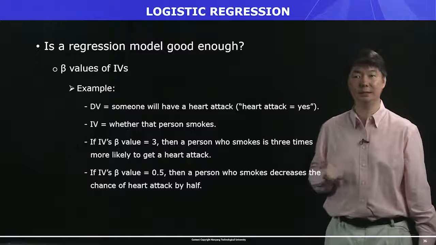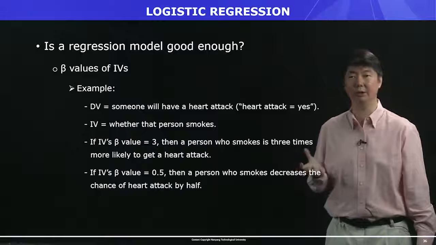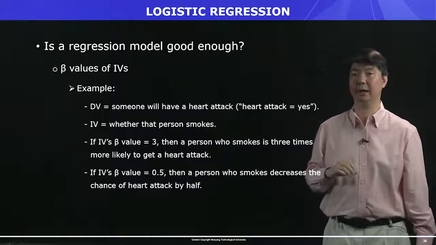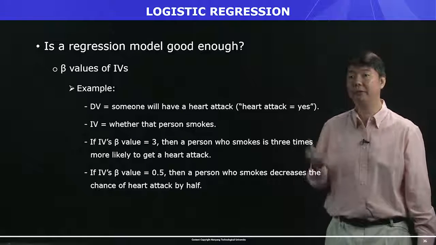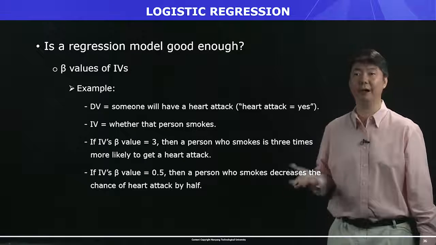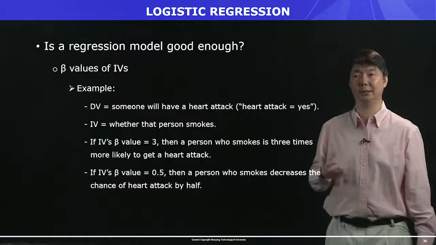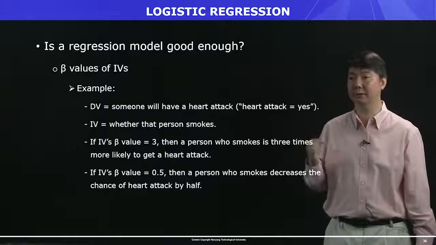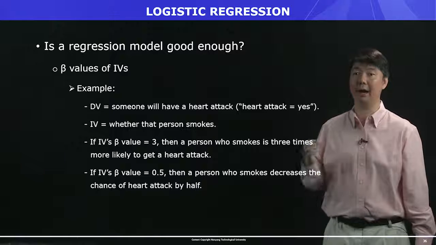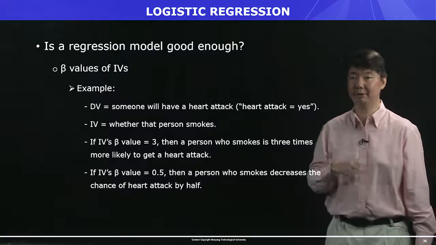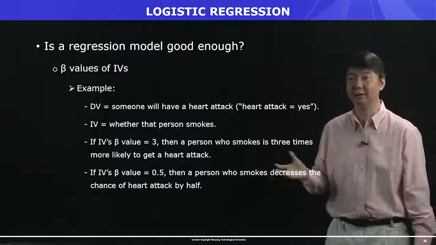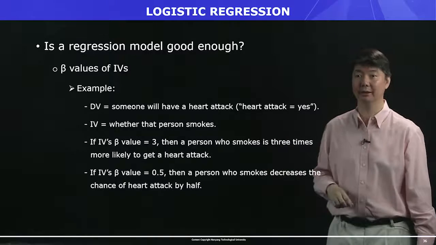Then what this means here is that a person who smokes is 3 times more likely to get a heart attack. Now if the IV's beta value is 0.5, then what this means is that a person who smokes decreases the chance of heart attack by half because it's 0.5. Of course, this is just a fictitious example. Now, please do not take up smoking.